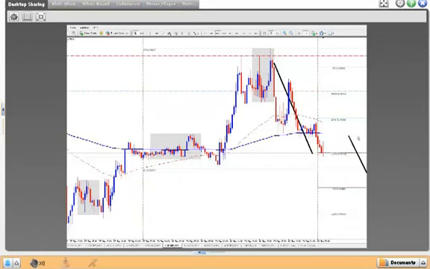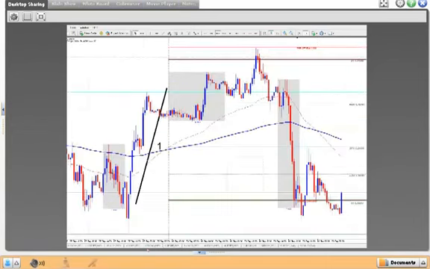So more than likely, we should expect the second push to the downside. Eventually next week, the market might open, might retrace back up a bit, but ultimately, I would like to see the second push down. So what does that mean? If the euro pound is going down, that means we're going to see euro weakness and pound strength.